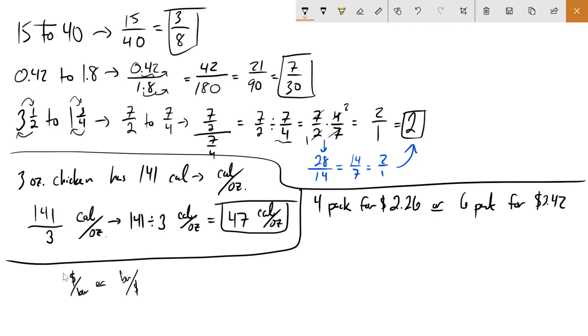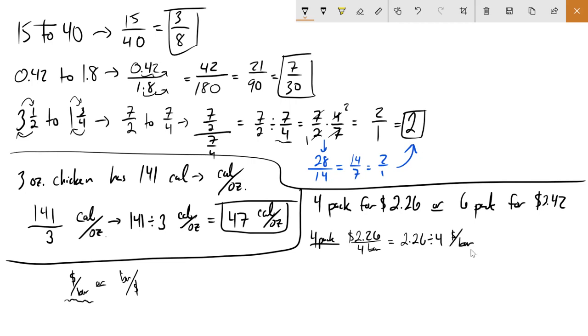Yeah, most times when we're dealing with money, we usually put money on top, like dollars per gallon, dollars per pound, dollars per bar. So I would probably look at dollars per bar, because then you're looking for the cheapest thing. For the 4-pack, if we're going dollars per bar, then we take $2.26, that's dollars, over 4 bars, so we divide 226 by 4, and our unit will be dollars per bar.